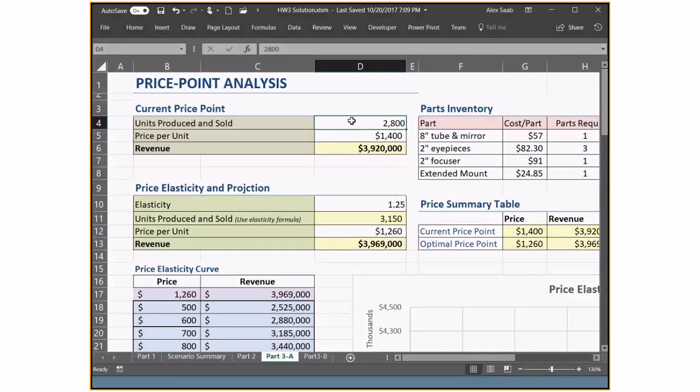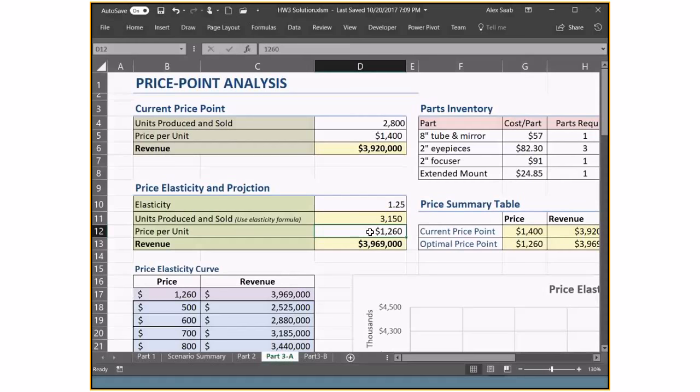That's how much the lathe sells for, and that's the price. And therefore, that's revenue. Based on the market analysis, let's say the assumption was the elasticity is 1.25. So based on the formula we had, we had to calculate how much the demand will be, or the units we will sell, based on different price settings.